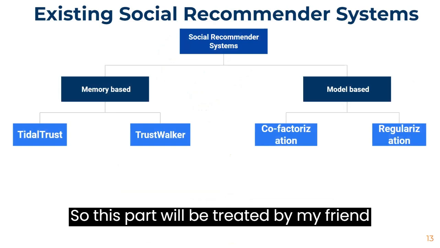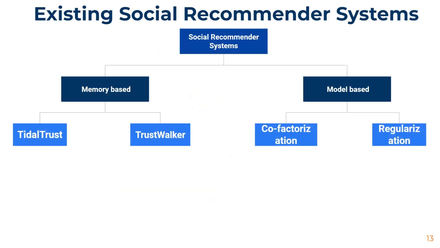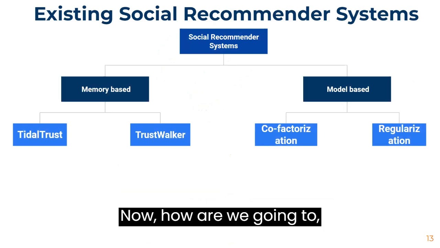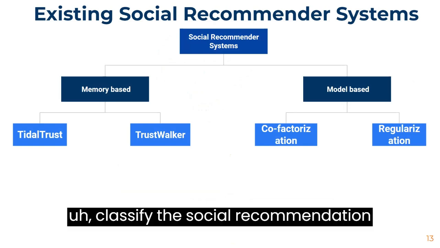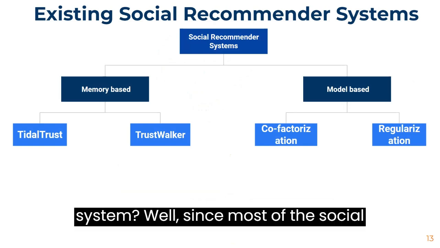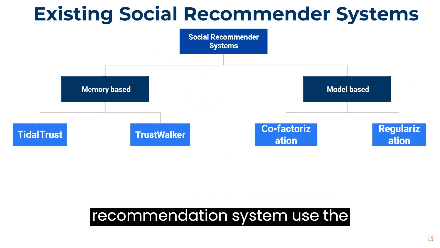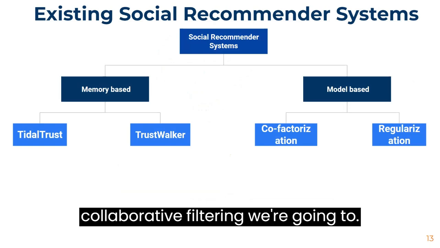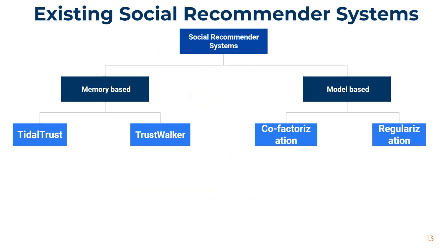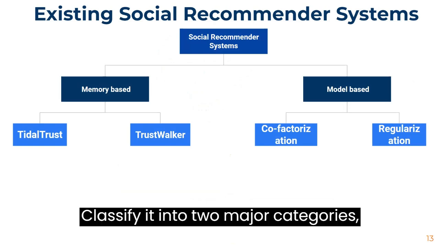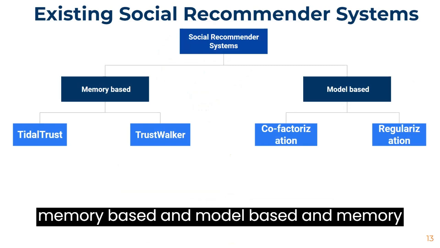This part will be treated by my friend. Thank you, Habiba. Now, how are we going to classify the social recommendation system? Since most social recommendation systems use collaborative filtering, we're going to classify them into two major categories, memory-based and model-based.